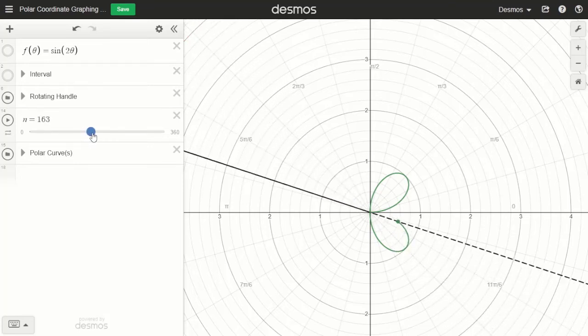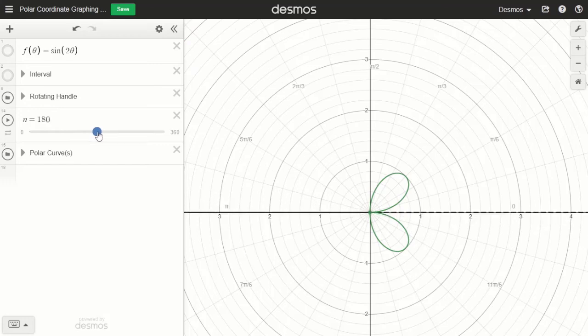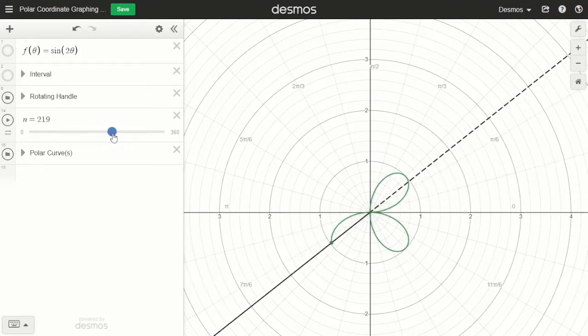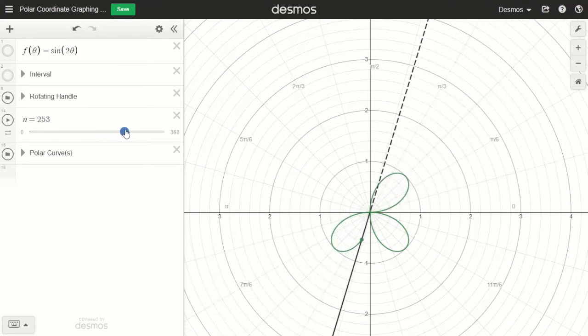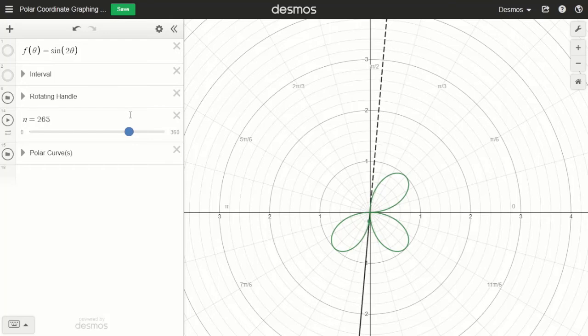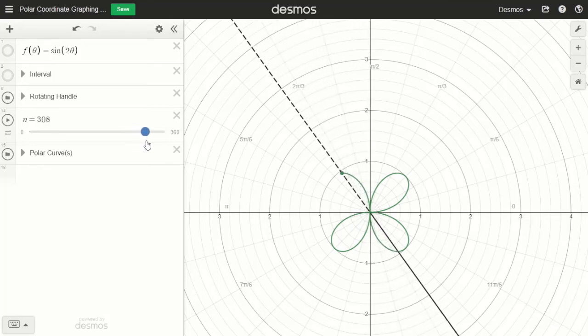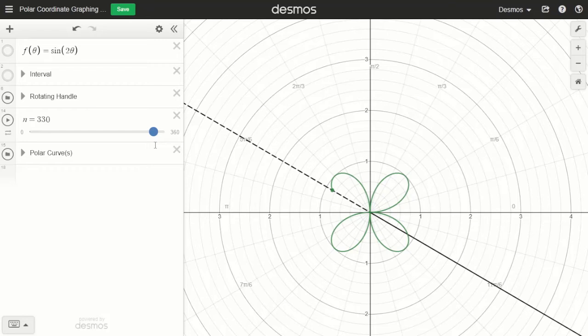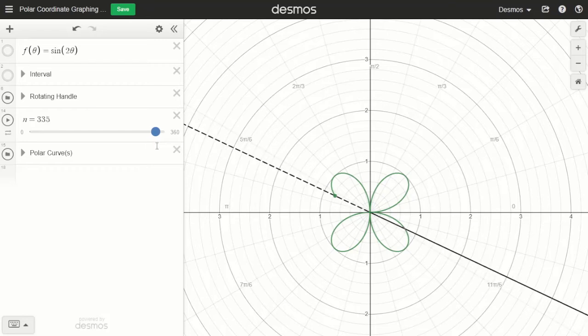All right, so now we're about halfway of our complete rotation at 180 degrees. And then I'm going to slide this even more. All right, and then this is the third leaf in our rose right here, in our flower, right? And then this is the last one right here. Through that you can see, and we don't need a table of values anymore.